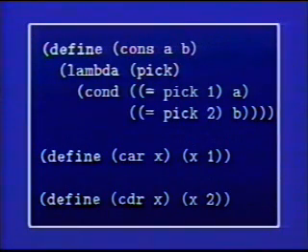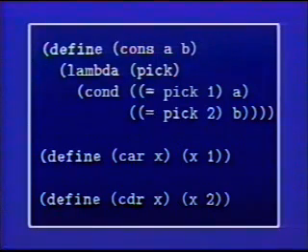We'll look at it again in a second, but notice that in the procedure definitions of cons, car, and cdr, you don't see any data. What you see is a lambda. So cons here is a procedure that returns a procedure, just like average-damp. Cons of A and B returns a procedure of an argument called pick.